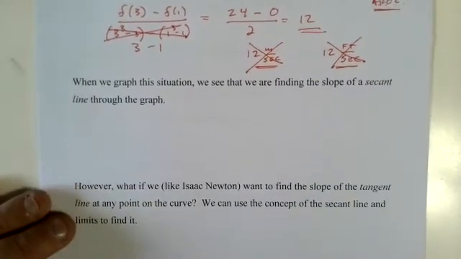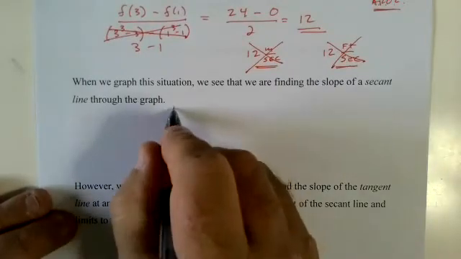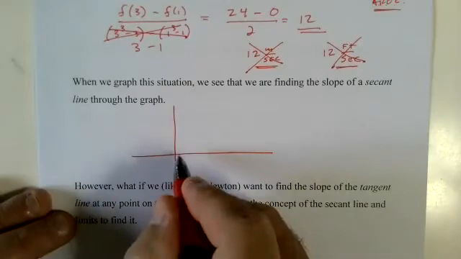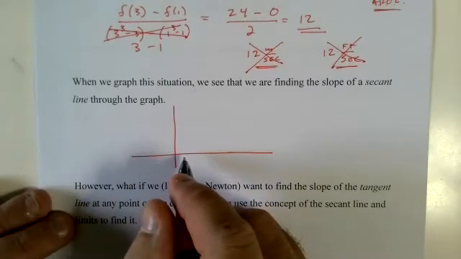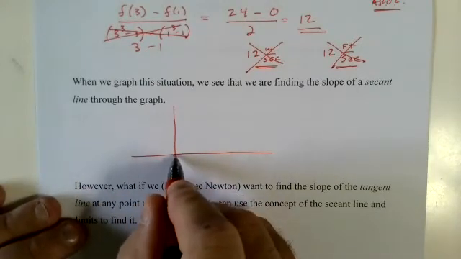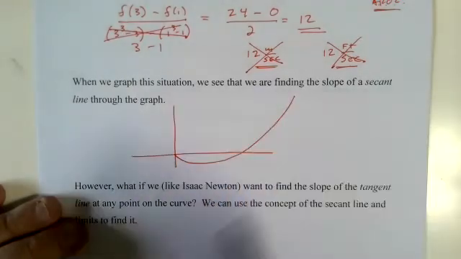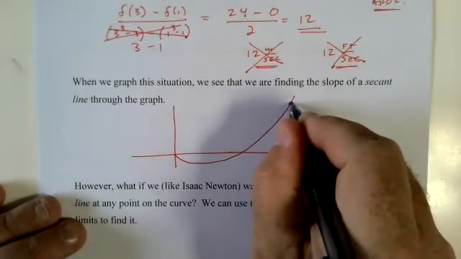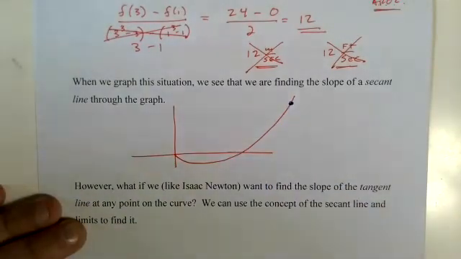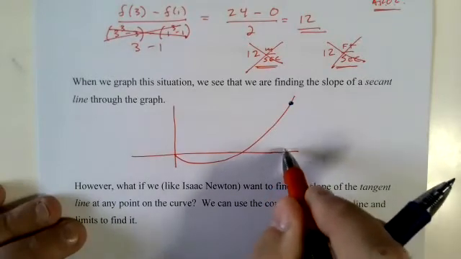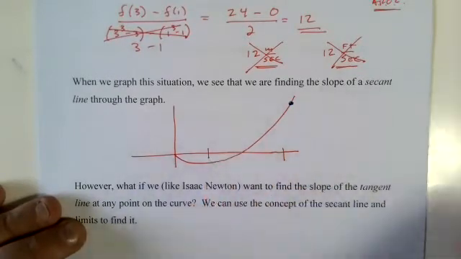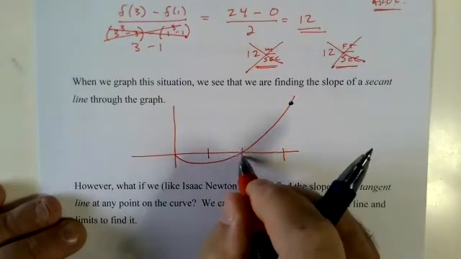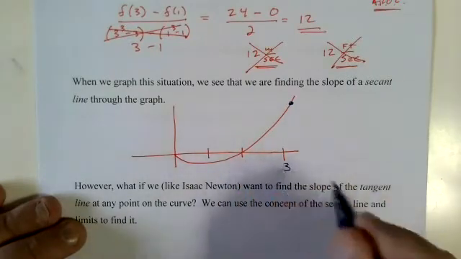Now, here's step 1 of calculus. What the heck's a secant line? All right, I'm going to draw this curve horribly on purpose. Okay, and I'm not drawing it correctly. I'm drawing it big and fat on purpose. Here's 3.